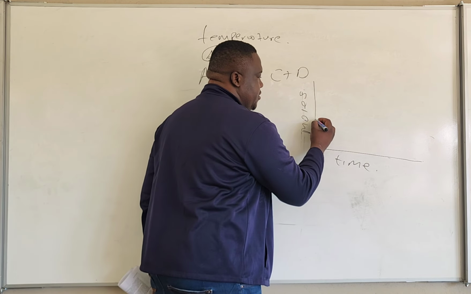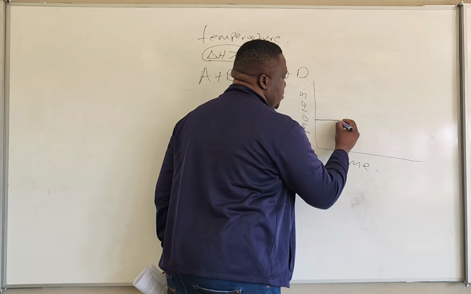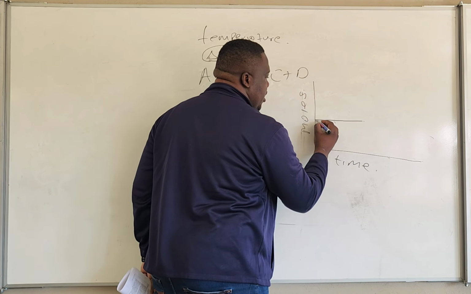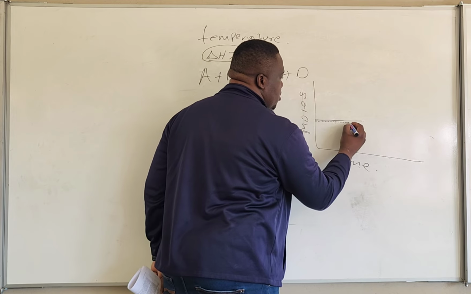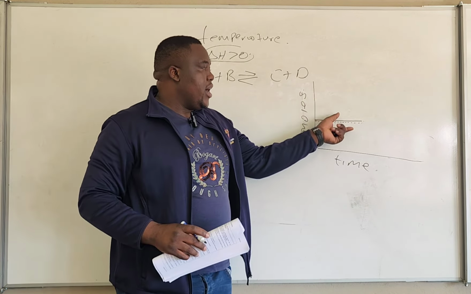Then I will have this line. Can you see? I have the line. Then I can even draw the dots. What do these two lines mean?